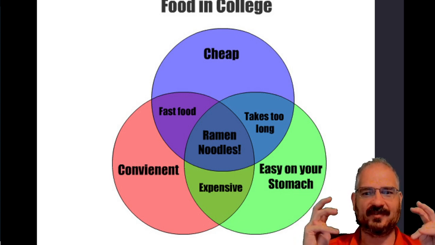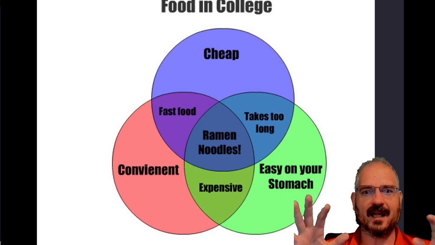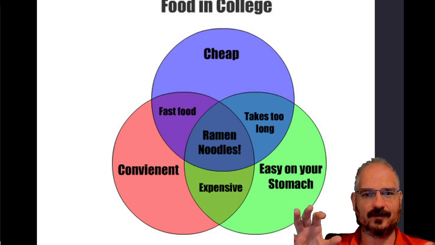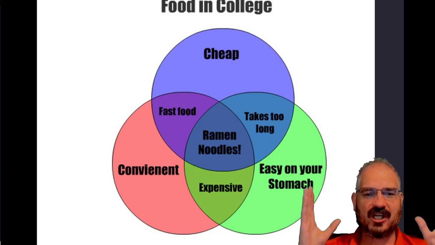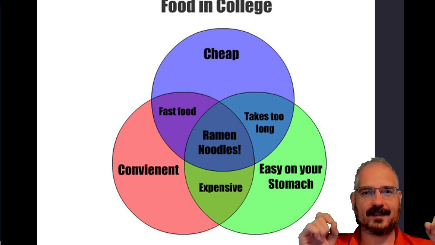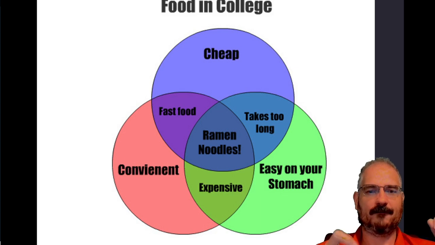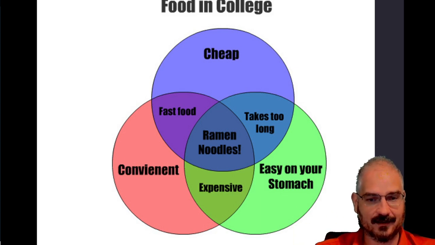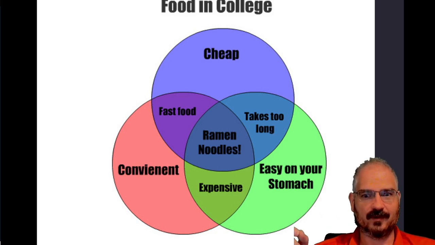Where they overlap are the things that exist in both groups described by the circles. So in the blue circle, we have cheap, and in the orange-red circle, we have convenient. And so what category of food falls into both of those categories, both cheap and convenient? Well, that's fast food, right?